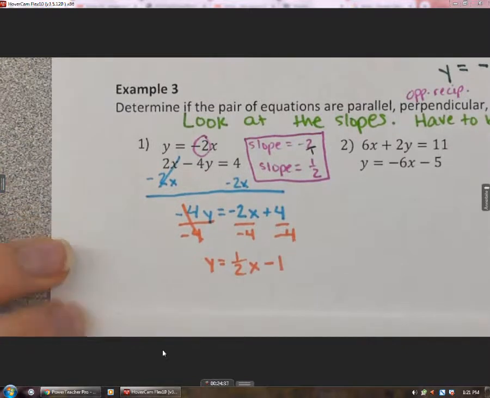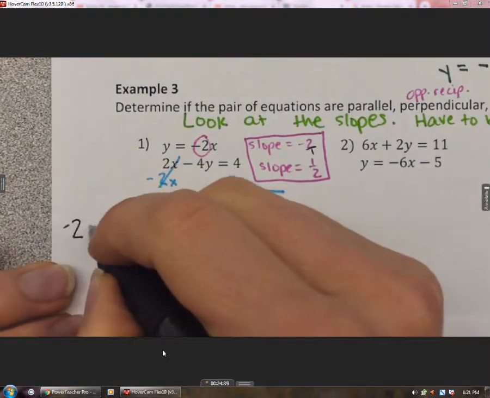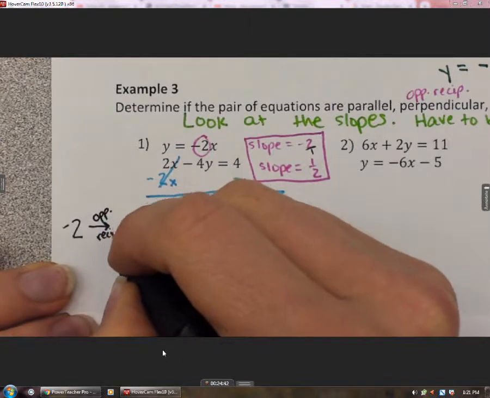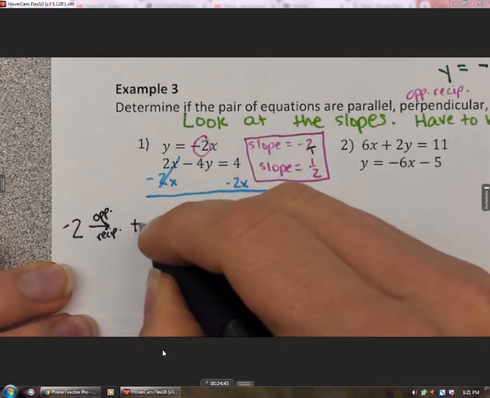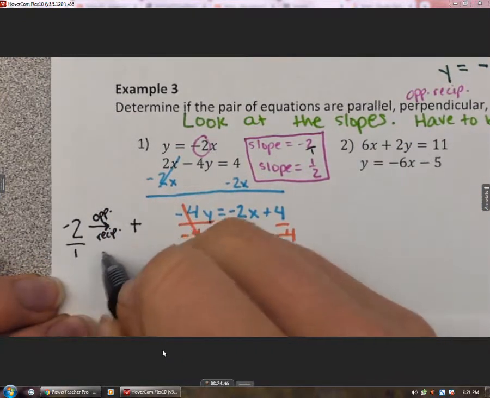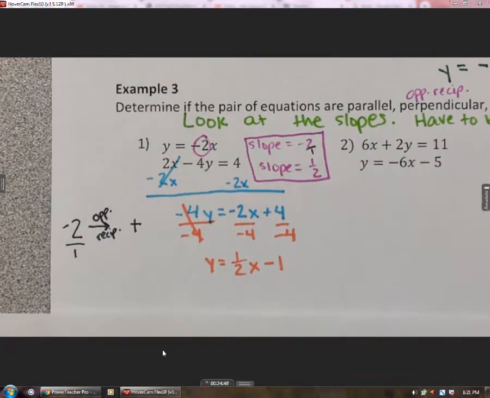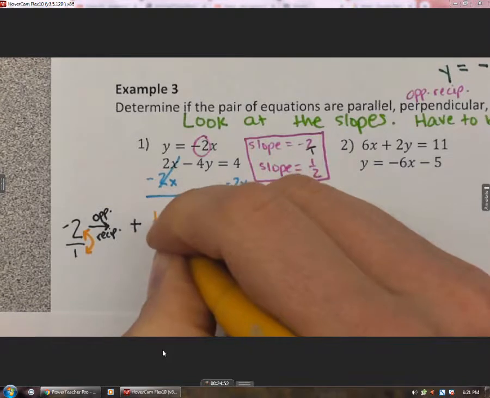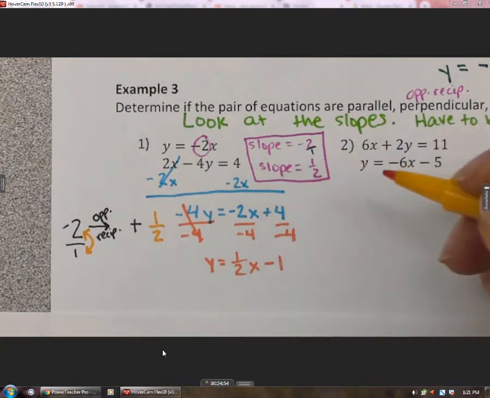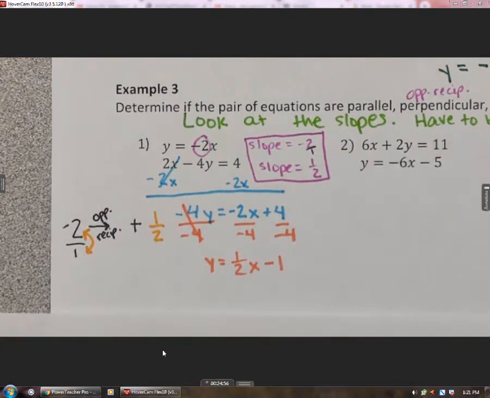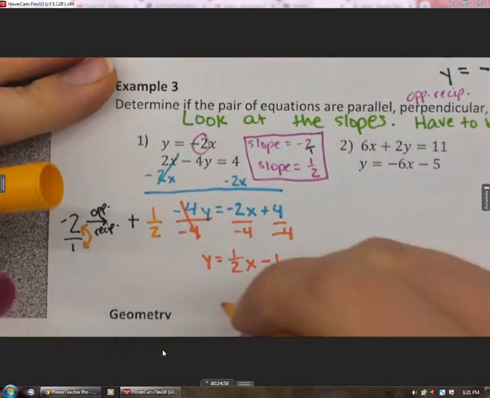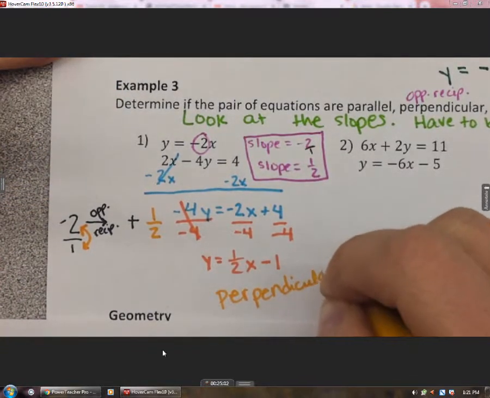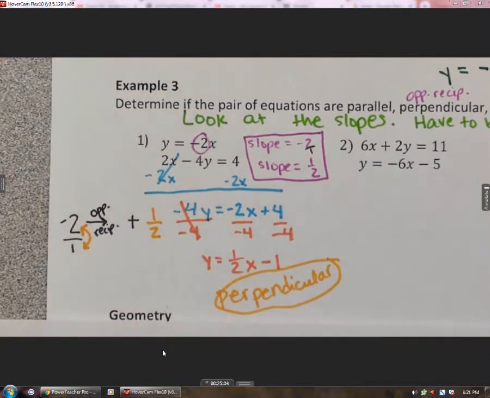Yeah. If I had -2 and I want to do the opposite reciprocal, I would change it to positive. This is 2 over 1. Flip them. This would be positive 1 over 2. That's what I have. So these two lines are perpendicular. Done.